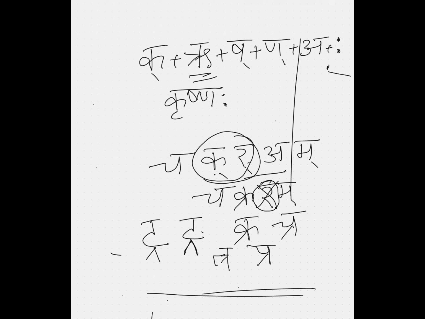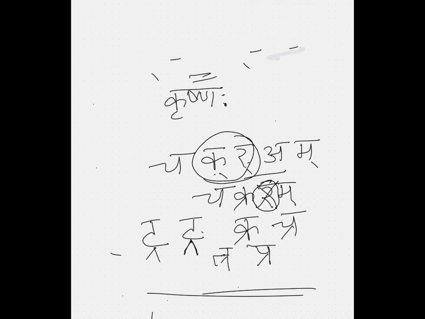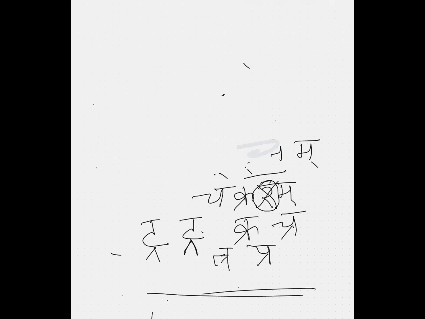Usha ma'am, are you clear? Am I audible? Yes, ma'am. It is clear, ma'am. Sumitra ma'am, did you understand? She's not there.